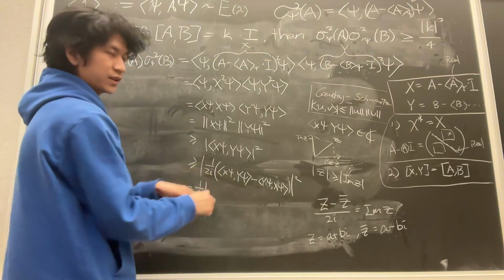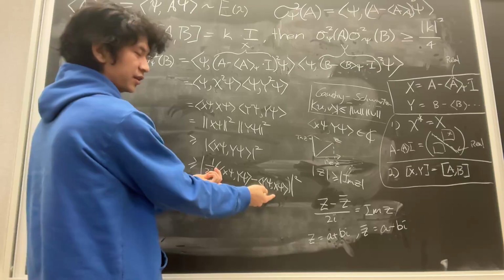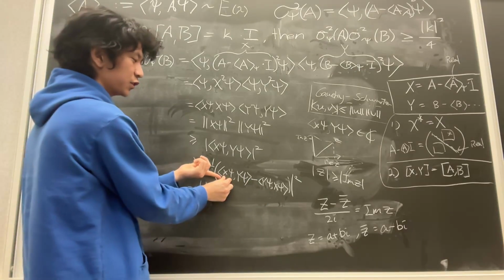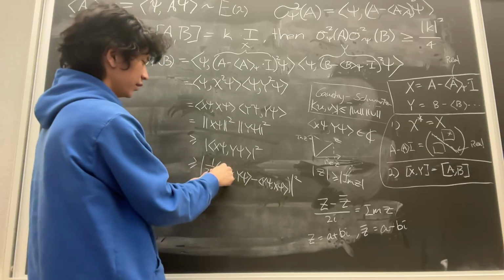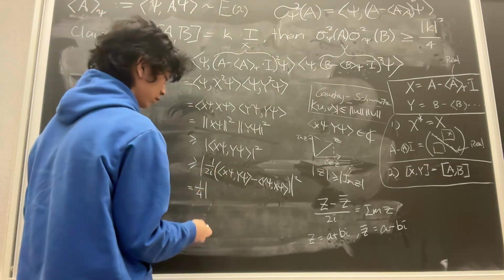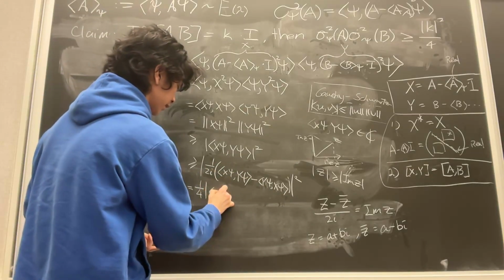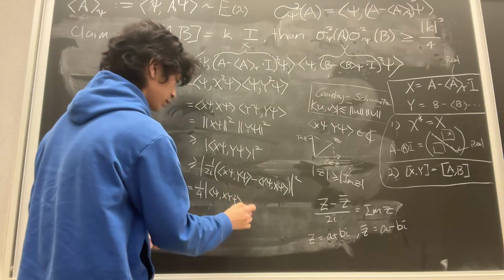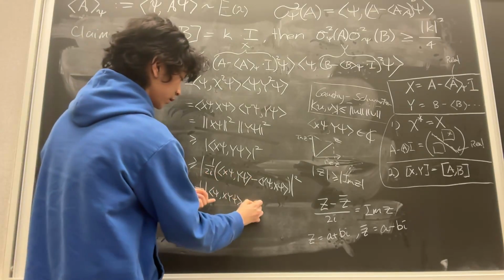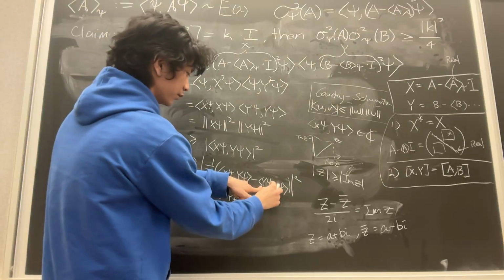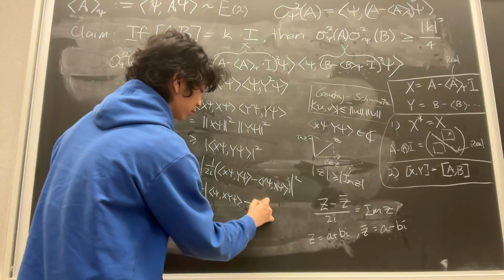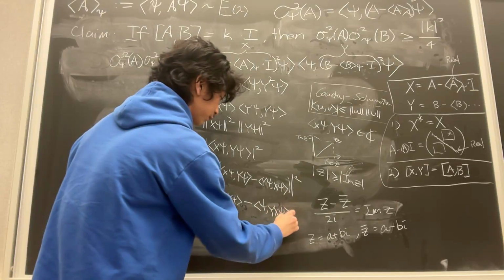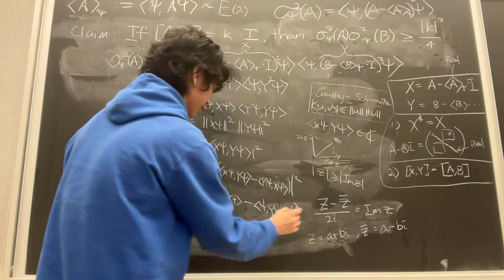we want to use some sort of bilinear property. So we want to make at least one of the entries the same. Let's just make the first one both psi. So we move the x over, so it's <psi, xy psi>. The order matters. And then here you move the y over, so y goes in front: <psi, yx psi>, whole thing norm squared.